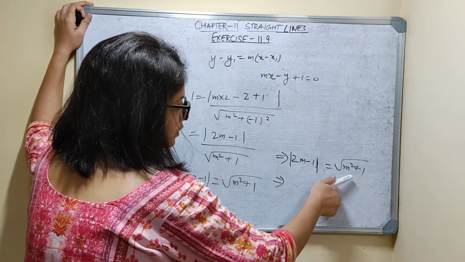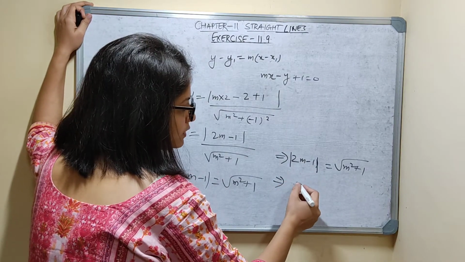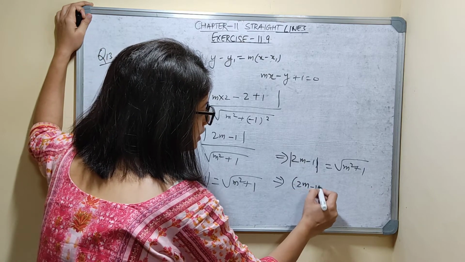So I can square both sides. Here it will be 2m minus 1 whole square.